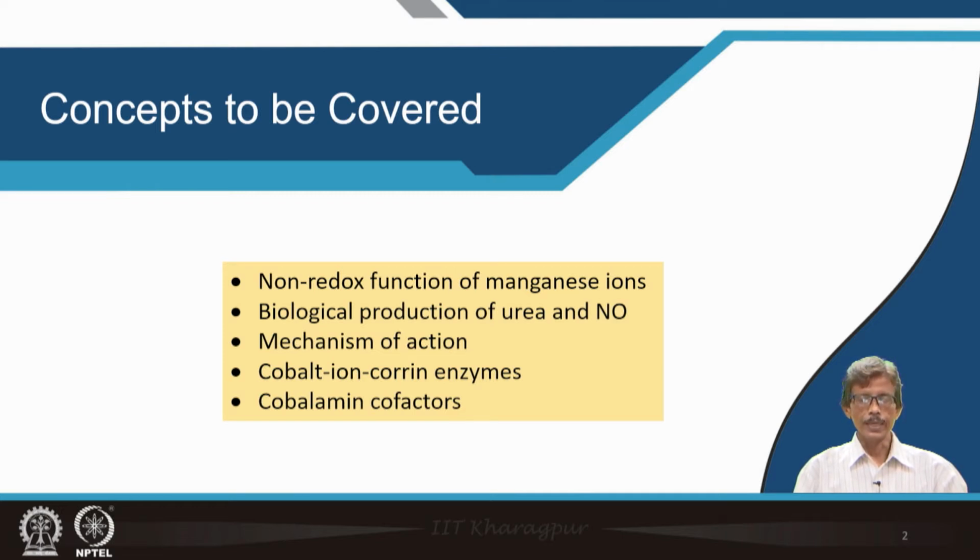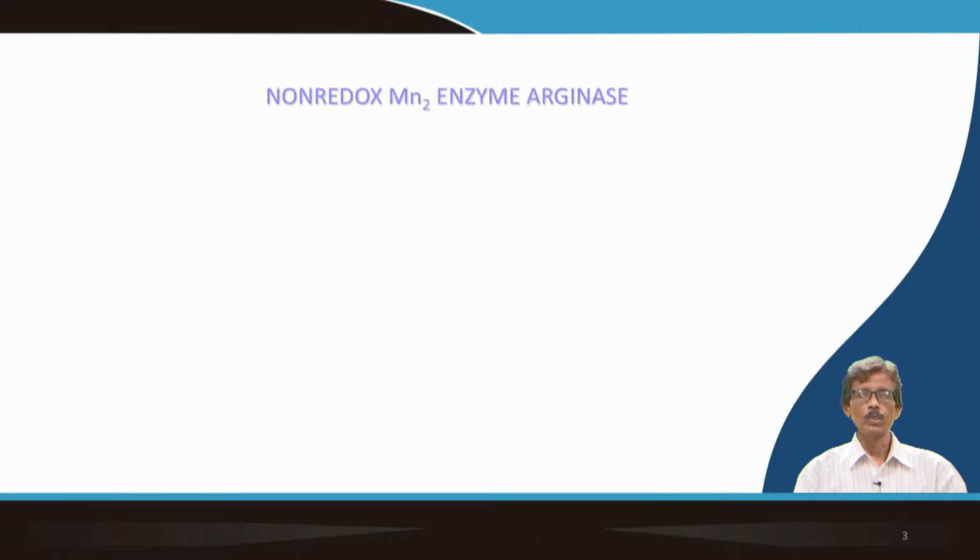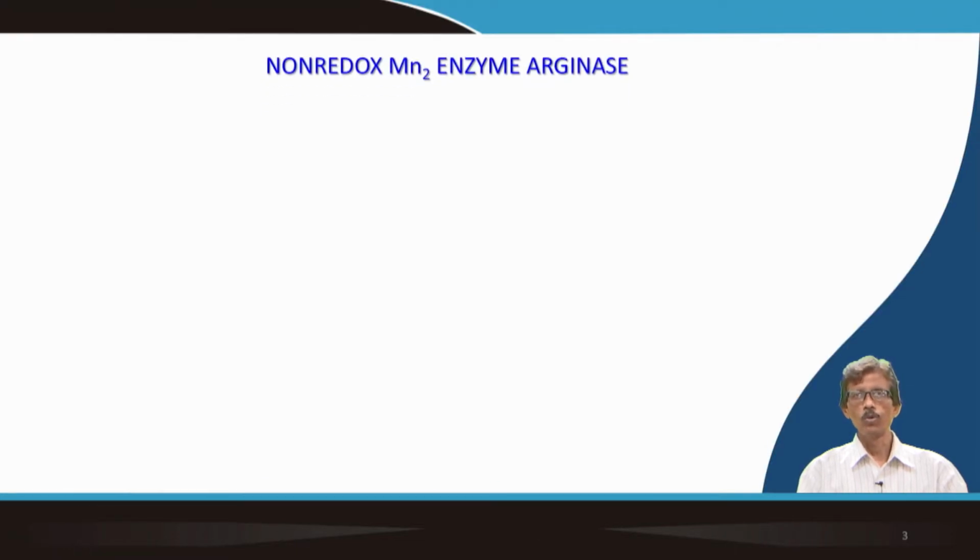Then regarding cobalt, we will see the cobalt ion in a system very similar to the porphyrin system, the corrin system. The cobalt corrin based enzymes and the different cofactors we will just introduce today, and in our next class we will consider how the cobalt centers are useful for all these cases.